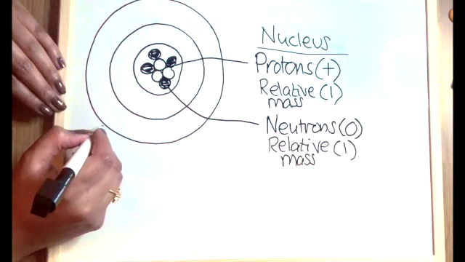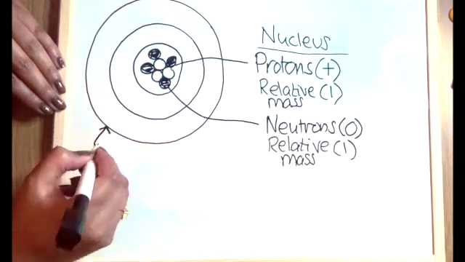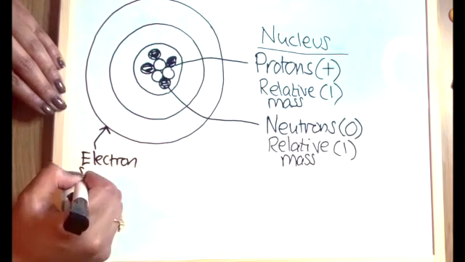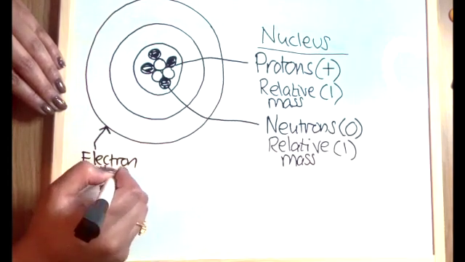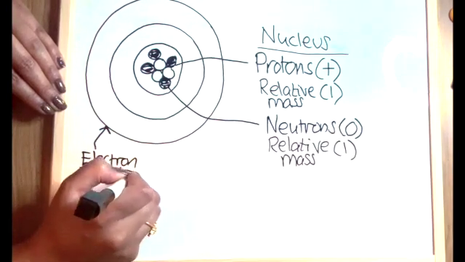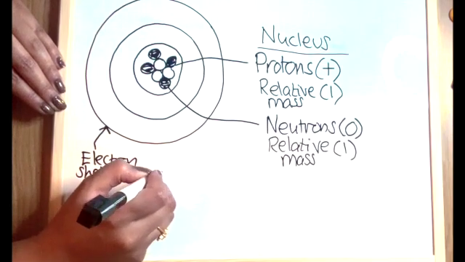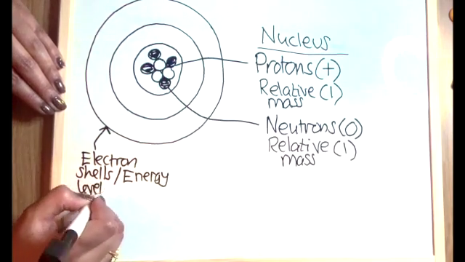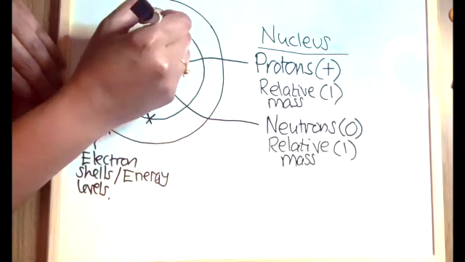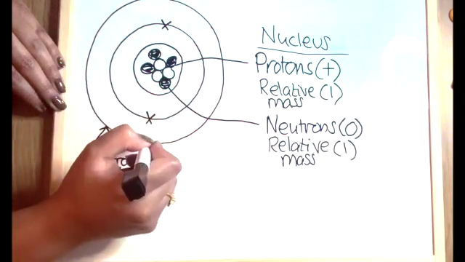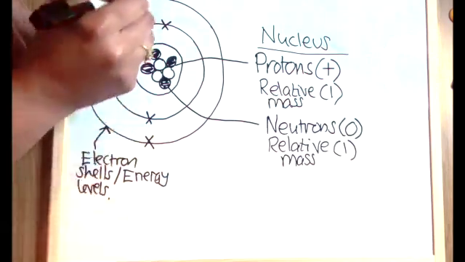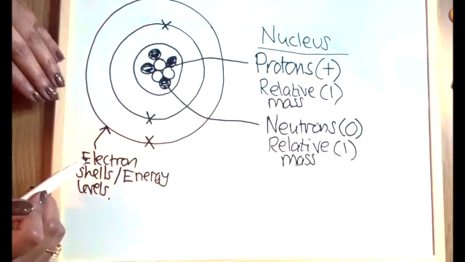Electrons go on these circles, which are known as either electron shells or sometimes we call them energy levels. I'm going to draw my electrons as crosses. You can draw them as circles, but just to make sure that we understand what the different parts are, I'm drawing them as crosses today.